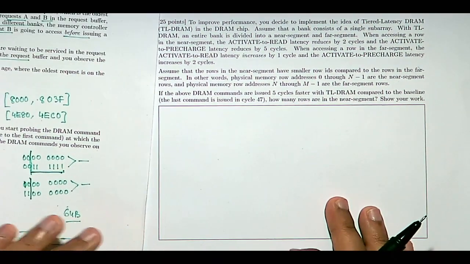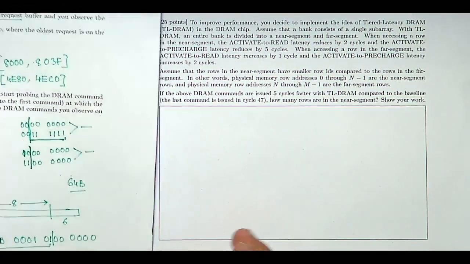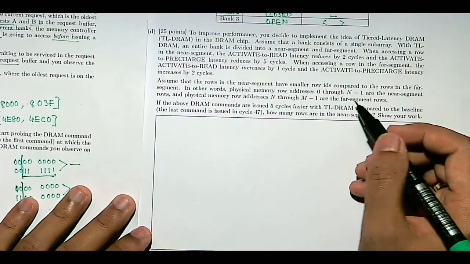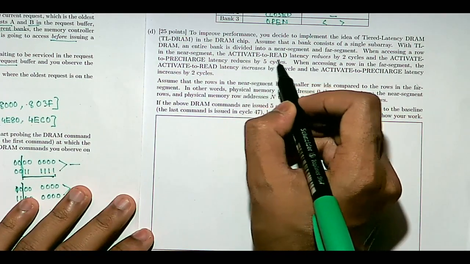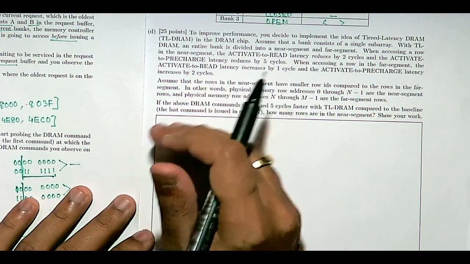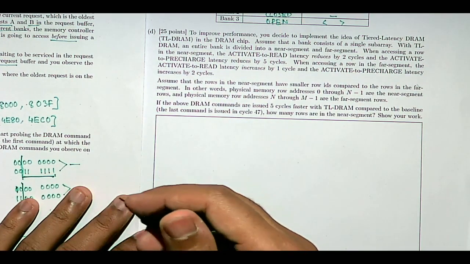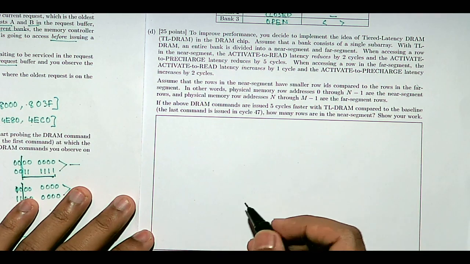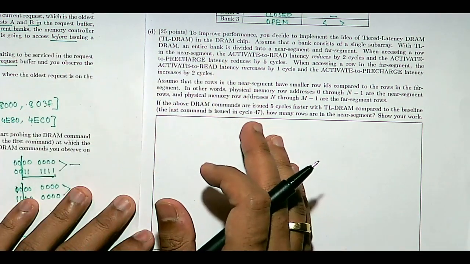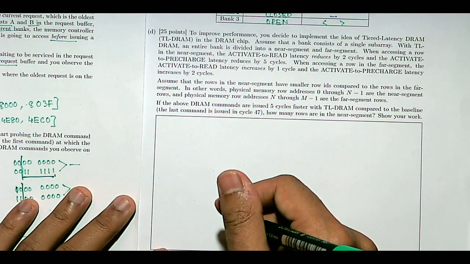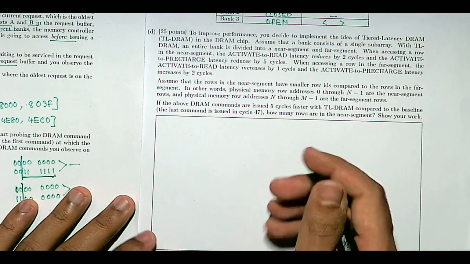Okay? So let's start with how to approach this problem in the beginning. You have the activate to read latency and the activate to pre-charge latency. So it has something to do with the activate commands and how far the read and the pre-charge commands are from the activate. So let's target the activate first, and let's see which rows and which bank it's actually using. Okay?